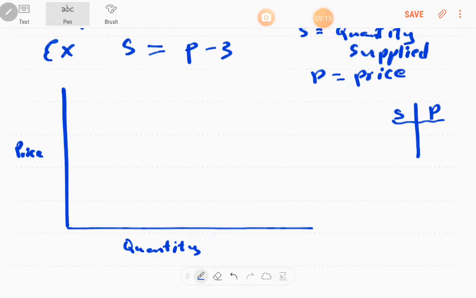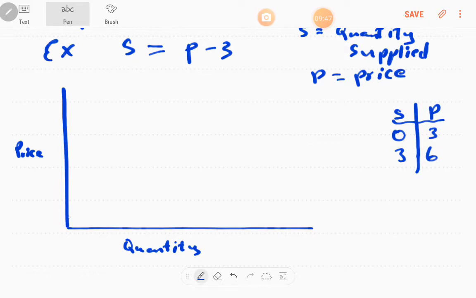So I could put in the quantity. When the quantity is 0, the price is 3. When the quantity is 3, the price would be 6. Okay, so we're going to want to plot those points.